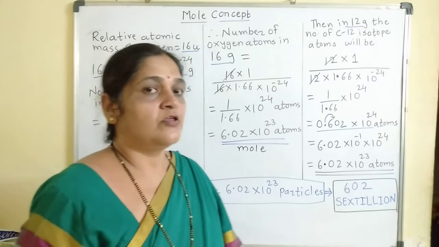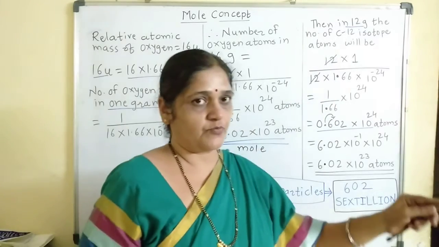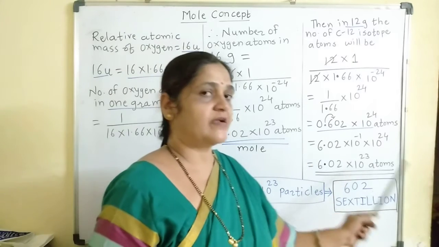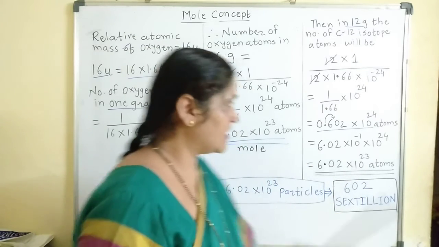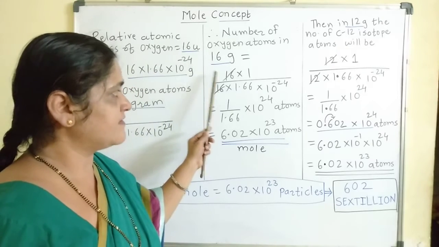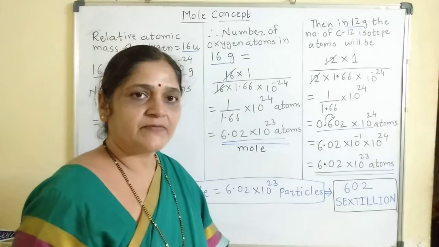Now here you have got that 12 gram of carbon-12 isotope contains 6.02 into 10 raised to 23 atoms. Similarly, 16 gram of oxygen contains 6.02 into 10 raised to 23 atoms.